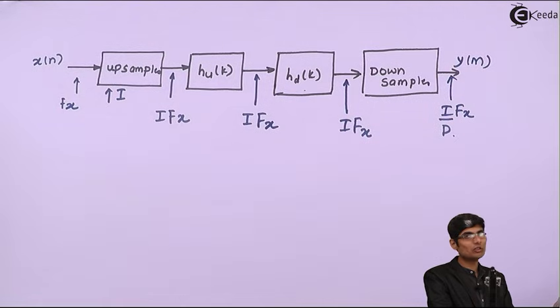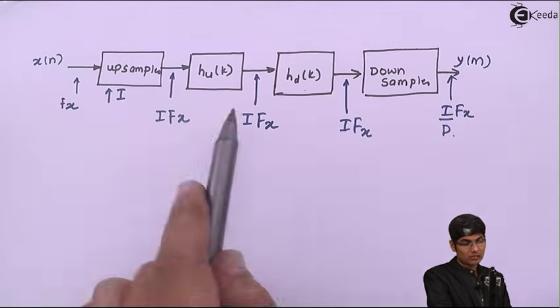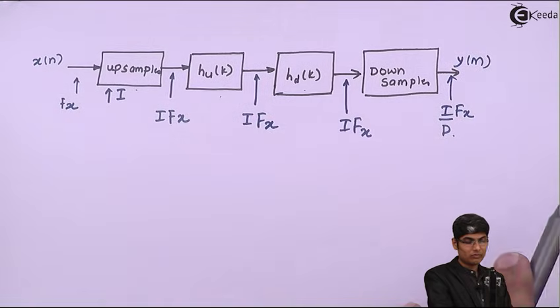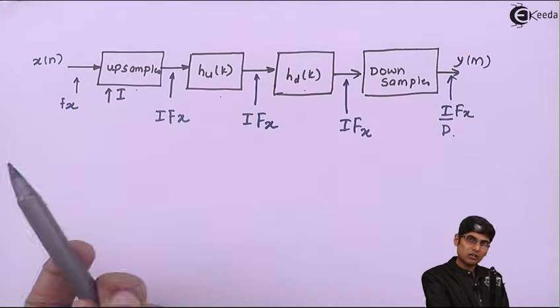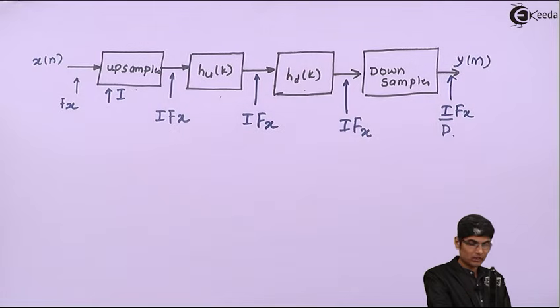The rate of sampling is not changed for either filter. One is an anti-imaging filter, or image removal filter, associated with upsampling, whereas the other is an anti-aliasing filter, used to avoid aliasing with the downsampler. All are working at the same rate.